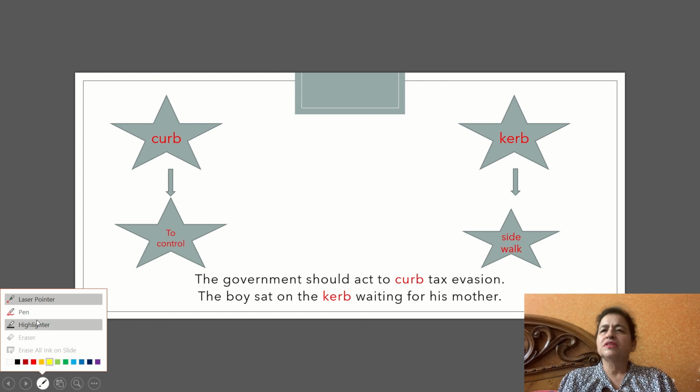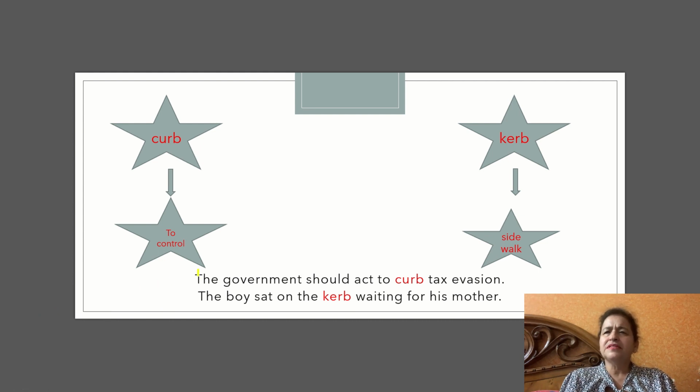Since we're talking about curb, a sentence is: the government should act to curb tax evasion, right?